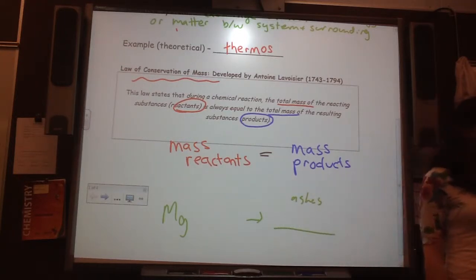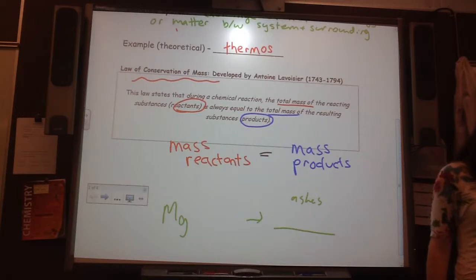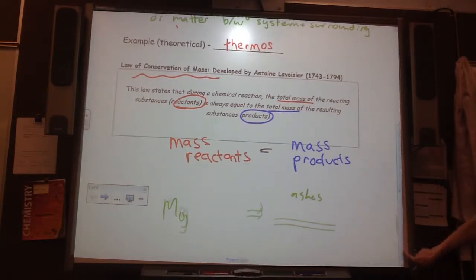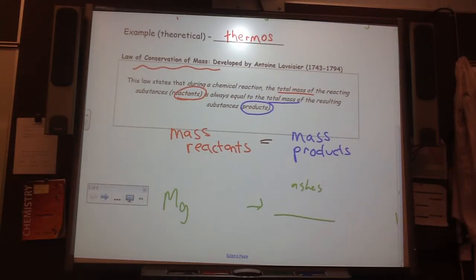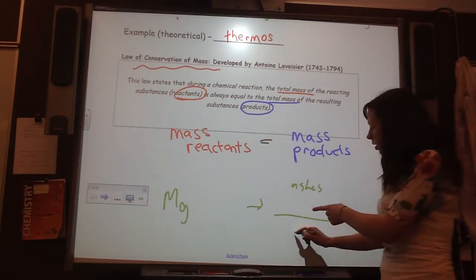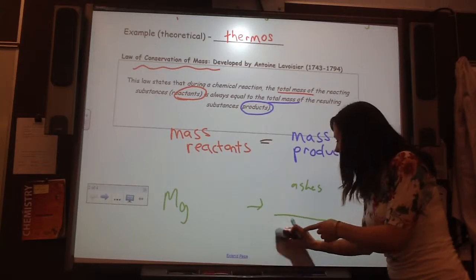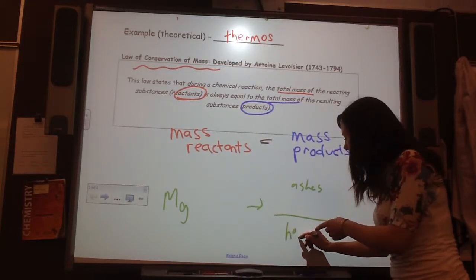Remember I burned magnesium for you that one day? We can maybe do it again. But if we take the mass of the magnesium and the mass of the ashes after, this will be more. So this will be heavier.